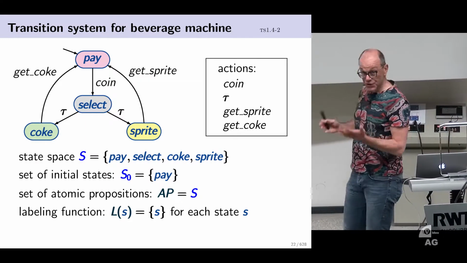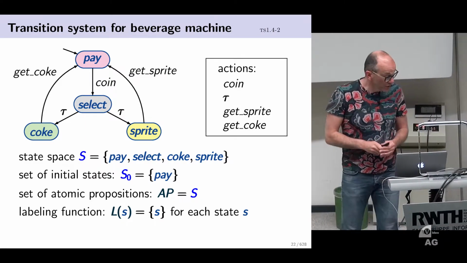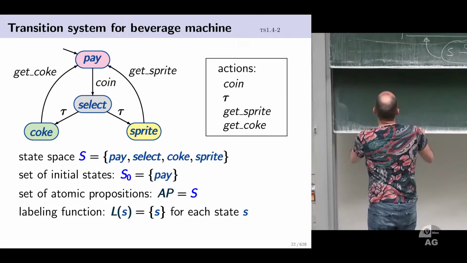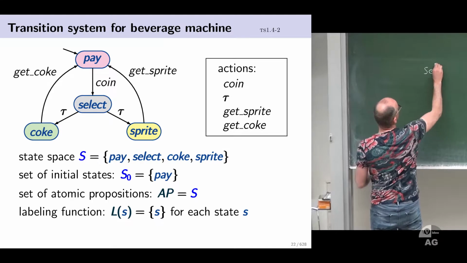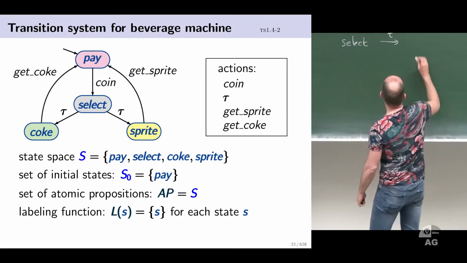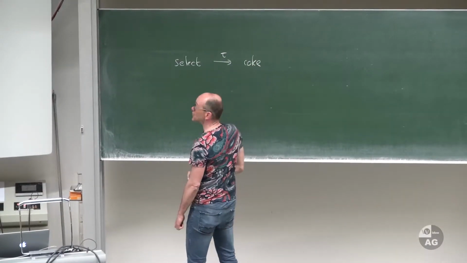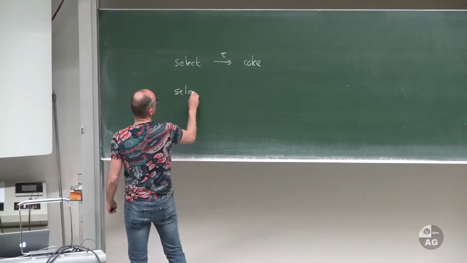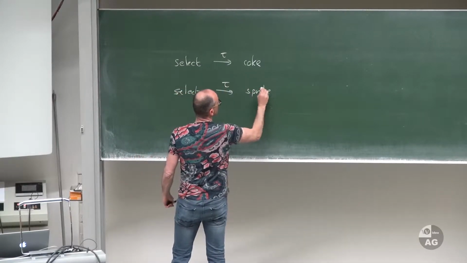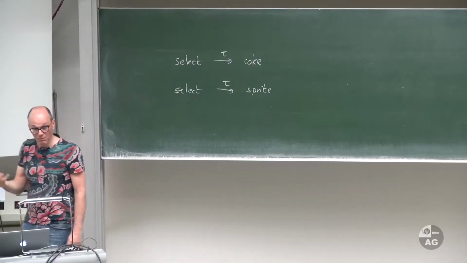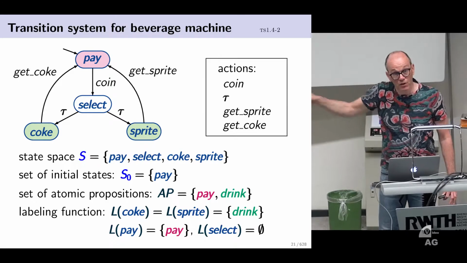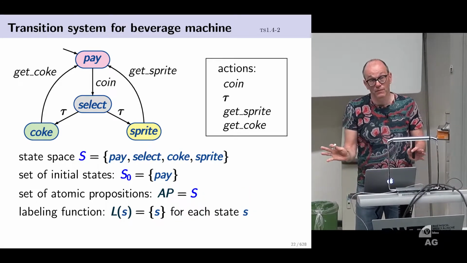No. So the transitions are still the same. Simply what you have is, from select, you have a TOR transition, that's the label, and it moves to Coke. That's one transition, and we have a transition that says select TOR to Sprite. These 2 transitions were there in my first transition system, where we had this labeling. The only thing I changed is the labeling.